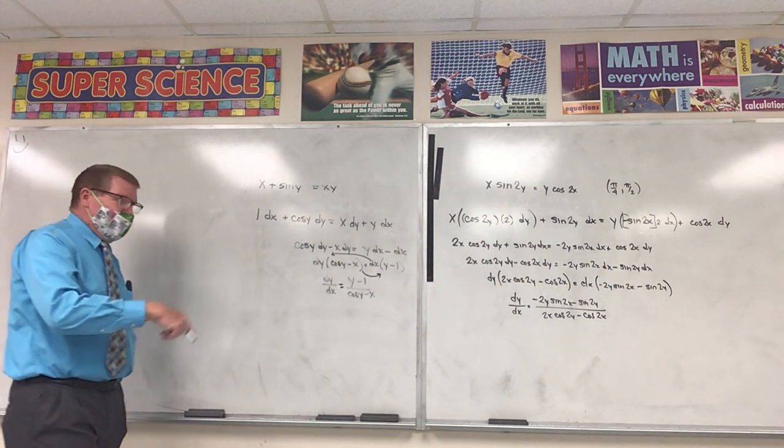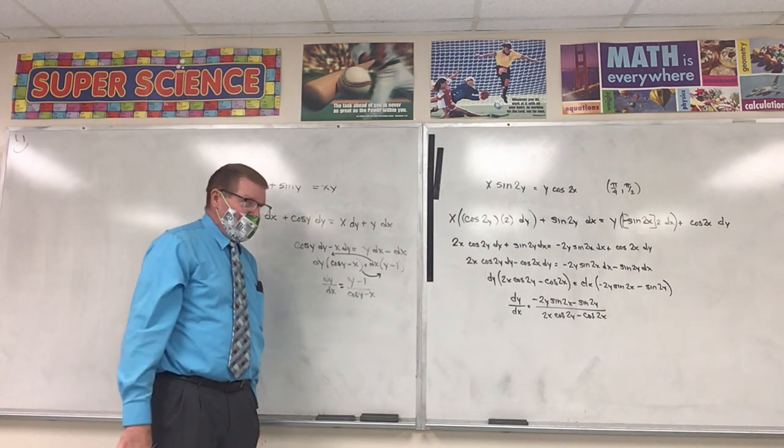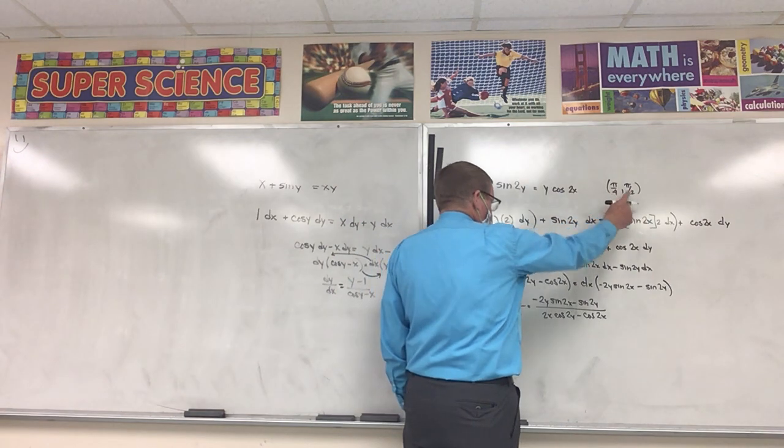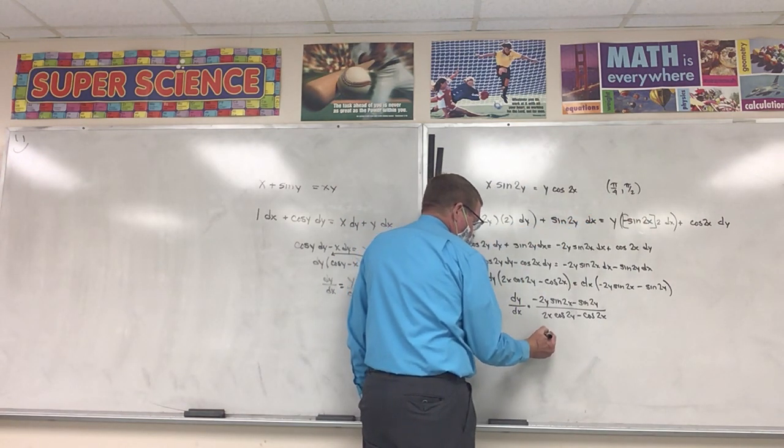How do I find my slope? Put in the x and y of the point that my tangent line passes through, which they say is pi over 4 and pi over 2. So I just plug those in.